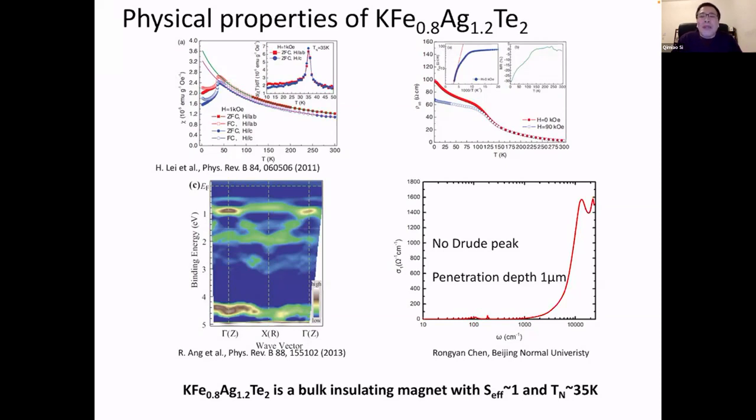But maybe just coming back to this here, I guess the question is, if the orbitals are involved, I would suspect that when you go through the transition, the optical conductivity should be strongly affected, even at high energies, depending on, I suppose, the crystal field levels. So I wonder whether that's one way to probe that.